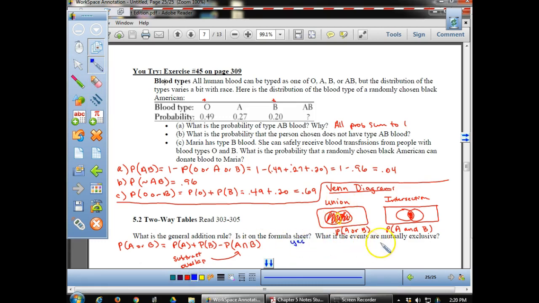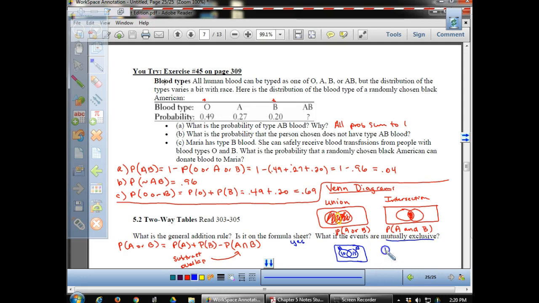Okay. What if the events are mutually exclusive? Kind of think through the example we did yesterday, or it's actually today. What will happen is I have observations in event A, I have observations in event B, let's just say 15, but I don't have any in common. So if the events are mutually exclusive, the probability of A and B occurring will always be 0.